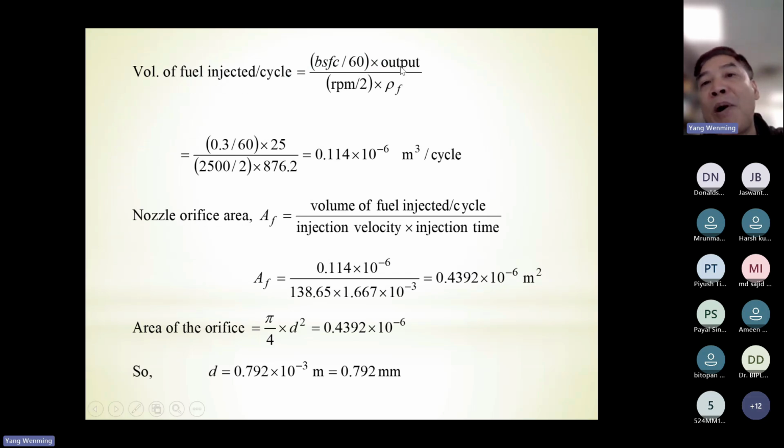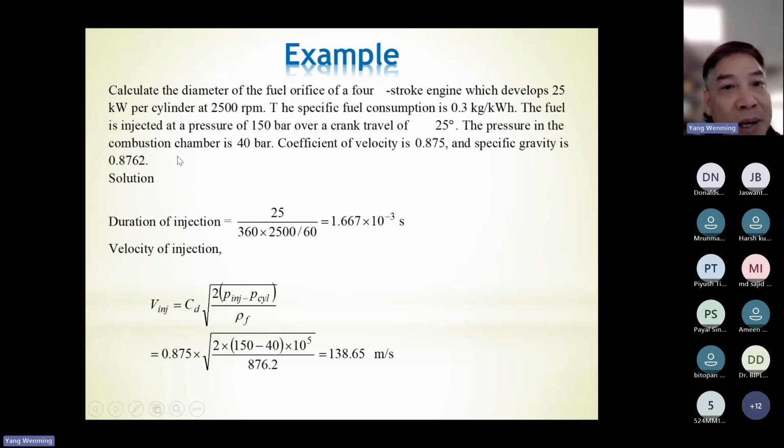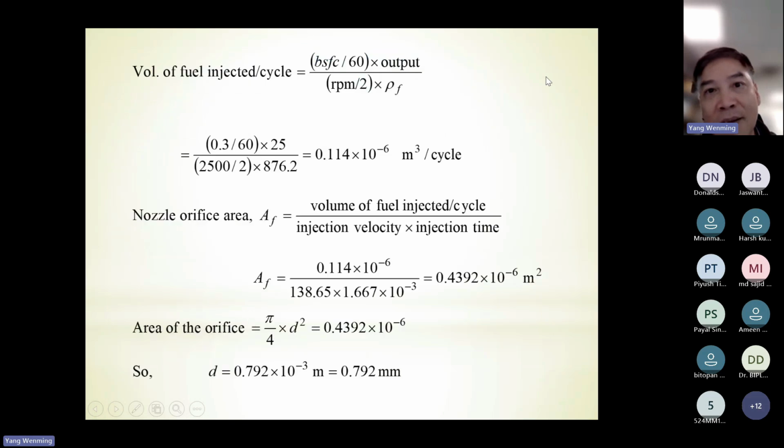Then multiplying by the power gives the fuel consumption for the whole cylinder, because BSFC is the fuel consumption for 1 kilowatt hour. This engine produces 25 kilowatts for 1 cylinder, so we use BSFC times 25.